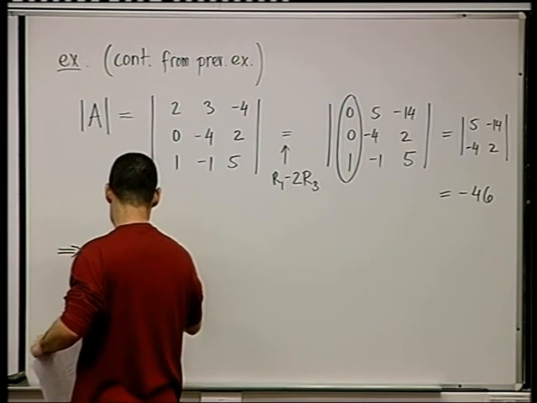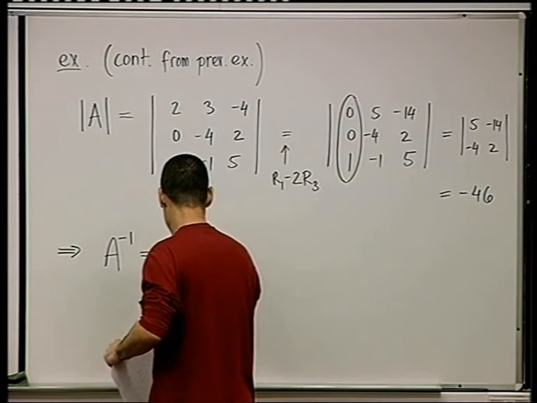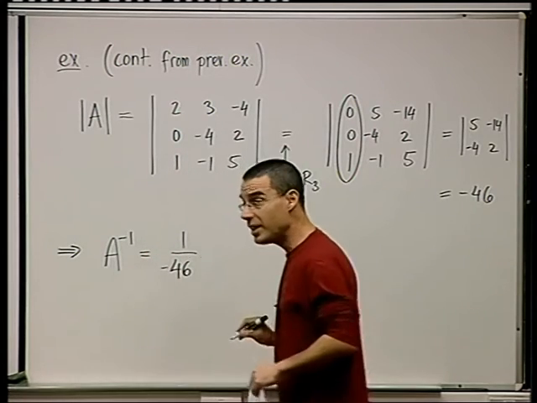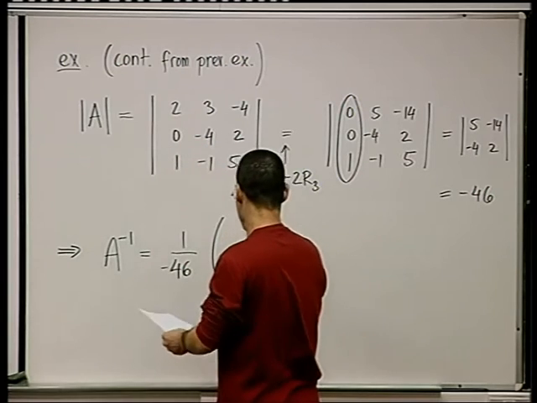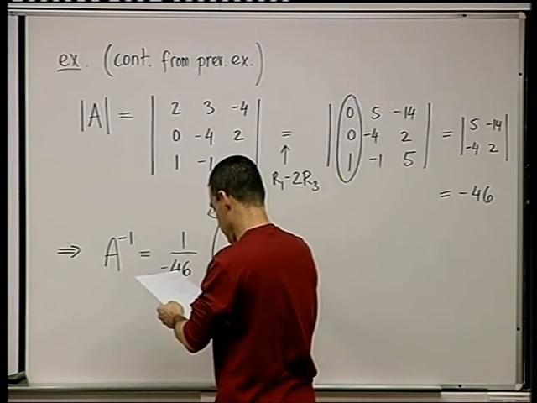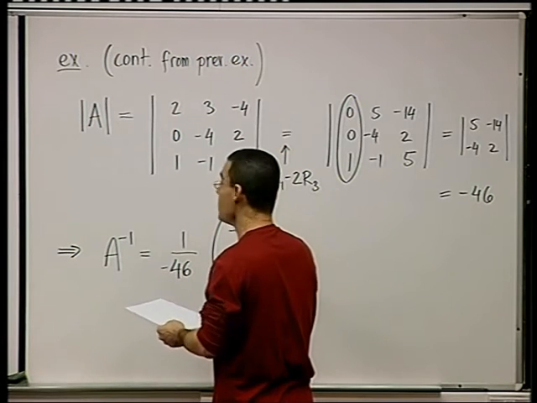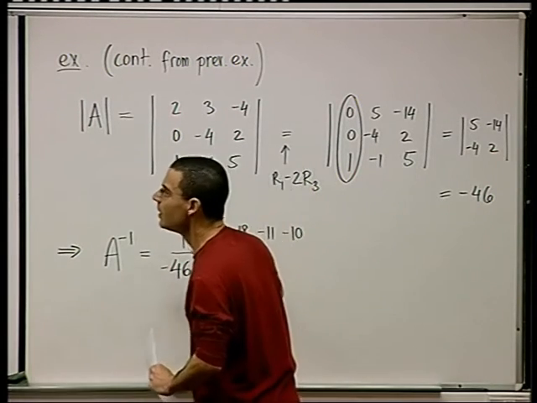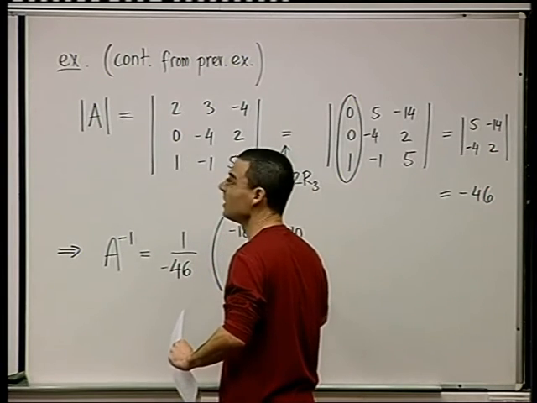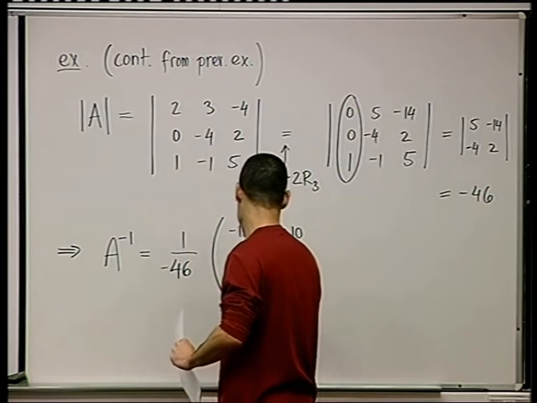A inverse is 1 over the determinant, so 1 over negative 46, times the adjugate matrix, which we wrote over there. I'll just copy it from here. Negative 18, 2, 14, negative 4, and 4, 5, negative 8.